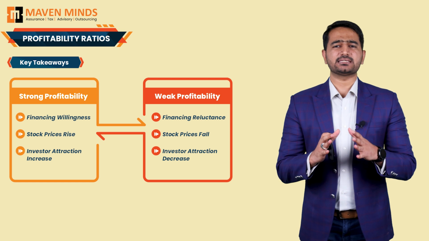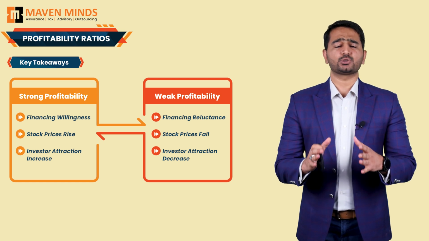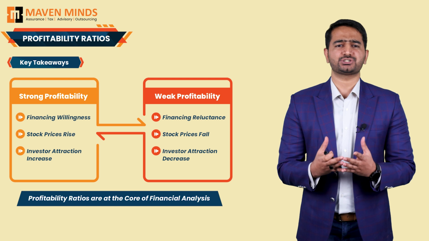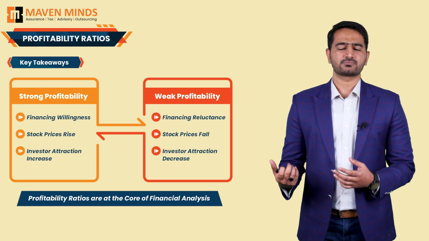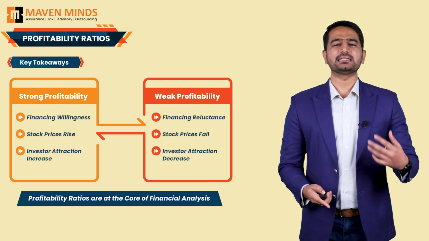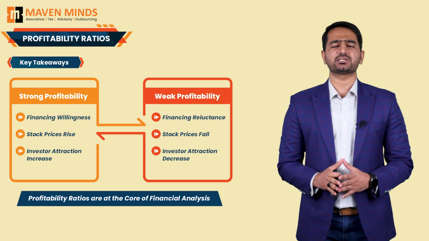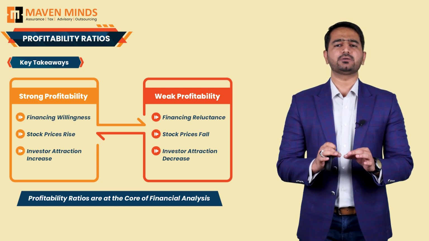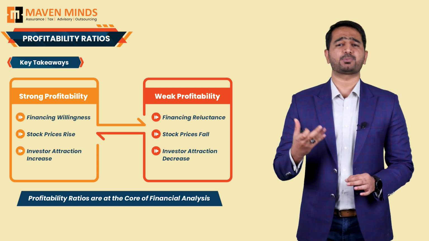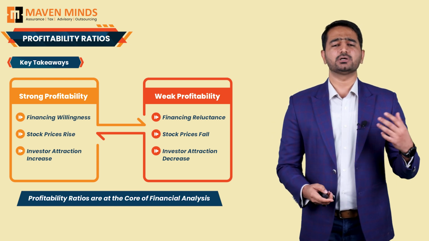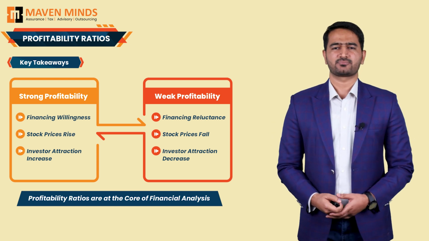So the key takeaway is that profitability is not just about one ratio. It's about understanding the connection between margins, volumes, and the capital efficiency. If you truly understand this relationship, you will be able to interpret financial performance like a professional analyst, whether in your exam or in real-world financial analysis.